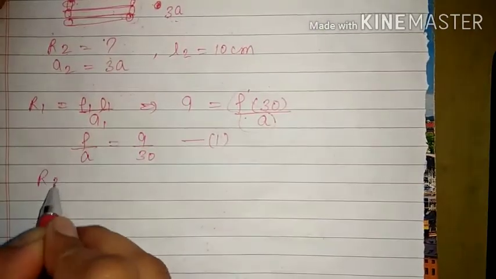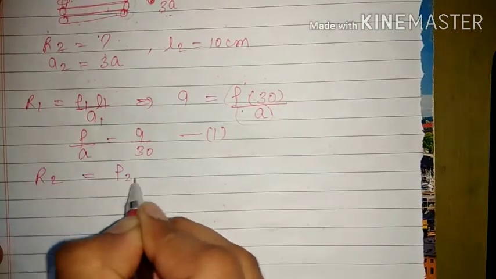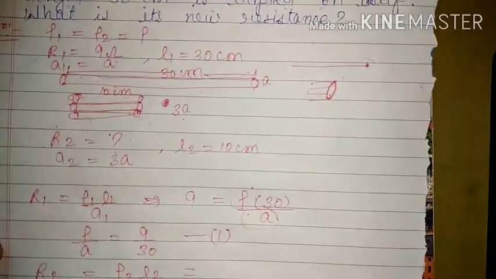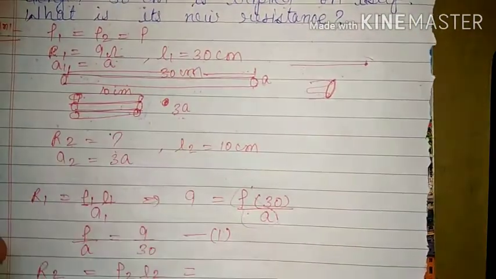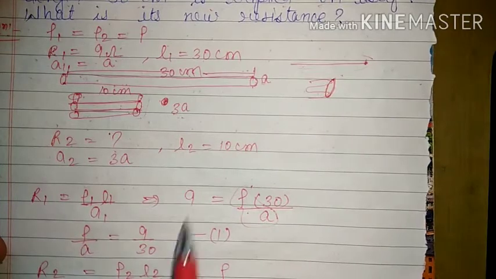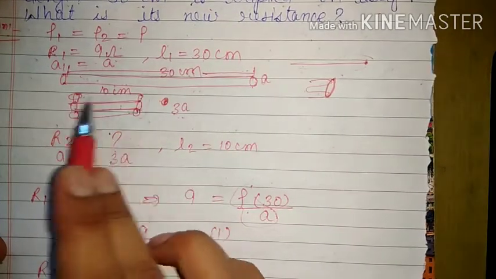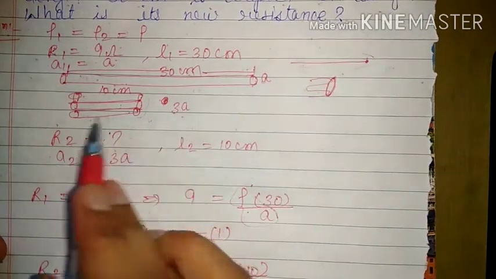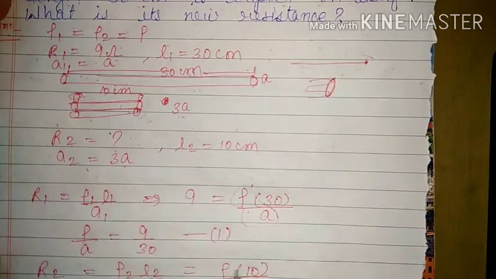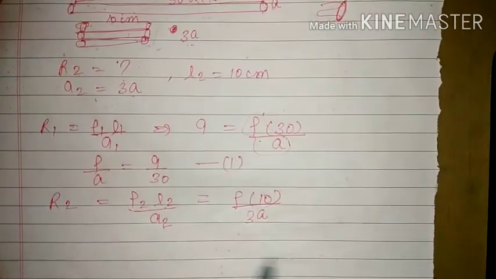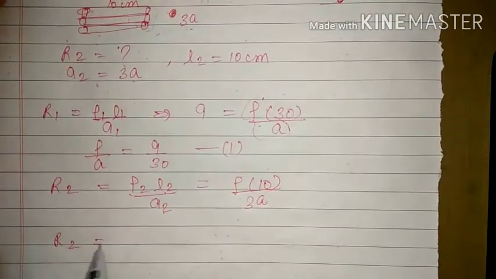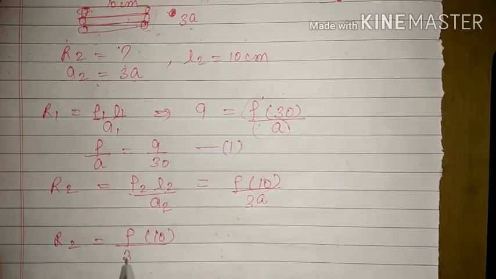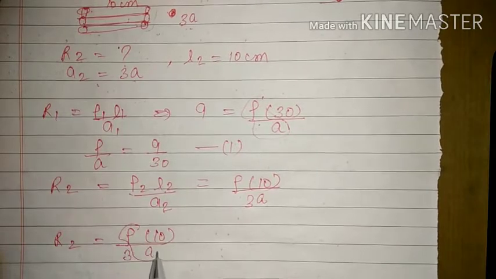Now we have to calculate R2, and R2 is rho 2 L2 upon A2. From our diagram, we know that rho 1 is equal to rho 2 is equal to rho. L2 is equal to 10 centimeter because it has been tripled on itself, and A2 is equal to 3 times of A. Therefore, R2 is equal to rho times 10 upon 3A.